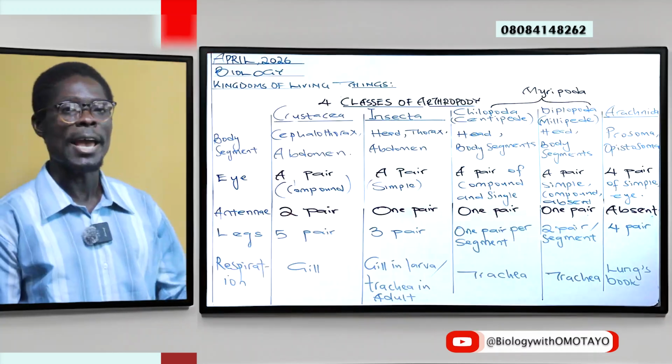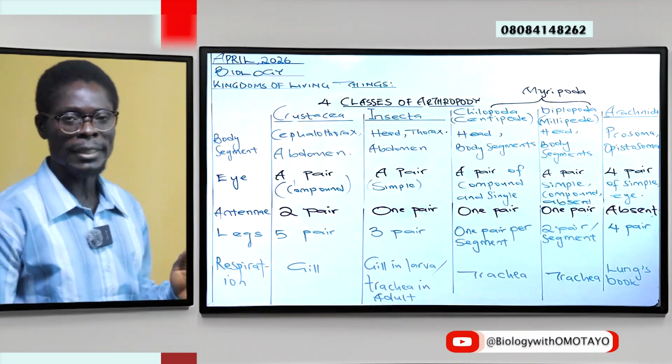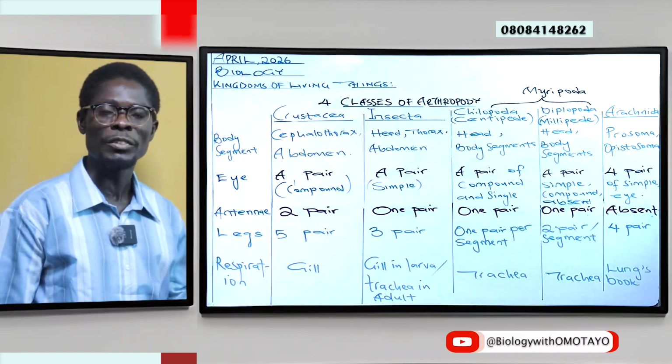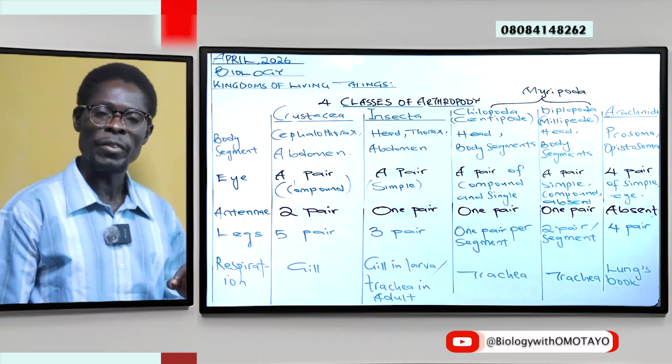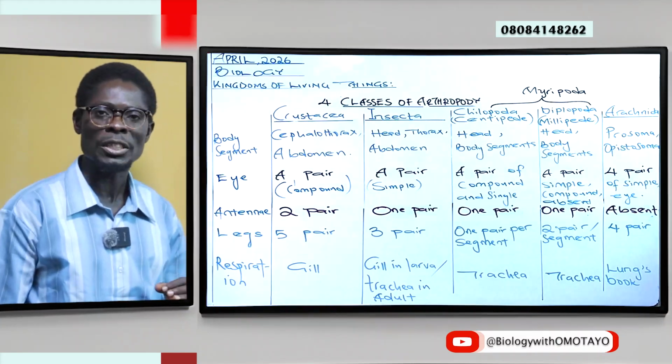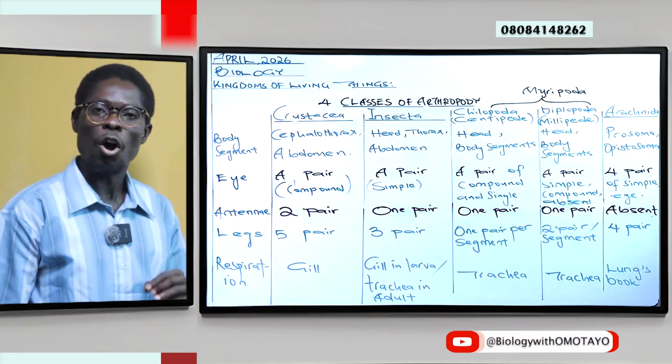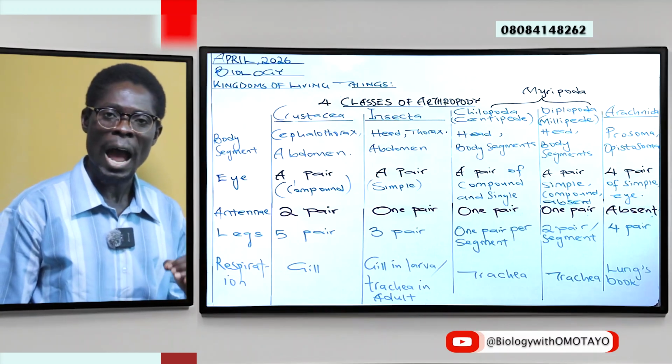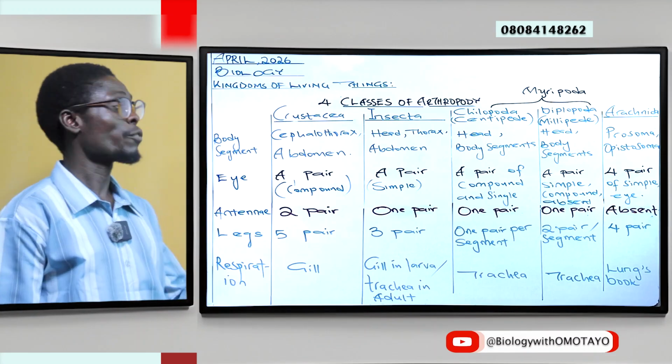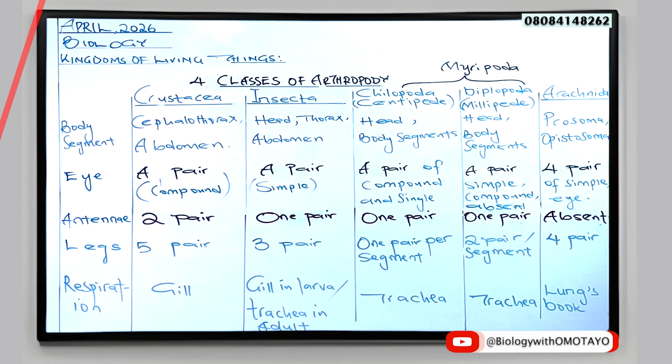Come with me. Here is a table guiding and helping to give details to the varying features associated with the different classes under the phylum Arthropoda. Remember, from the previous slide, it was said that this phylum Arthropoda is made up of about 4 classes.